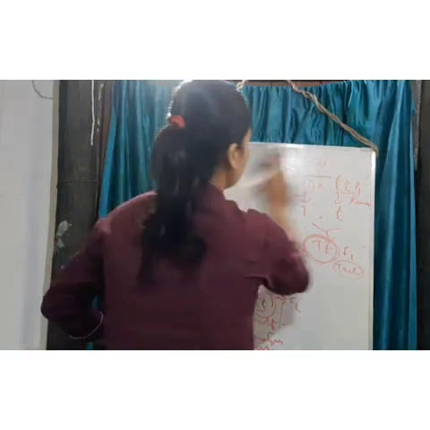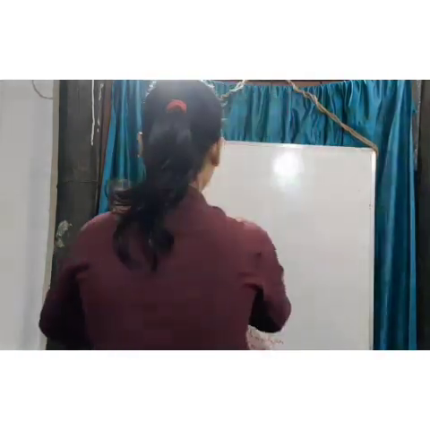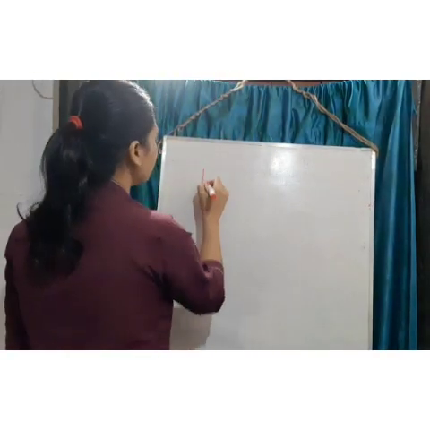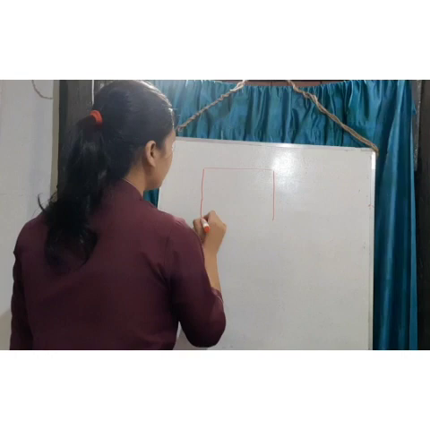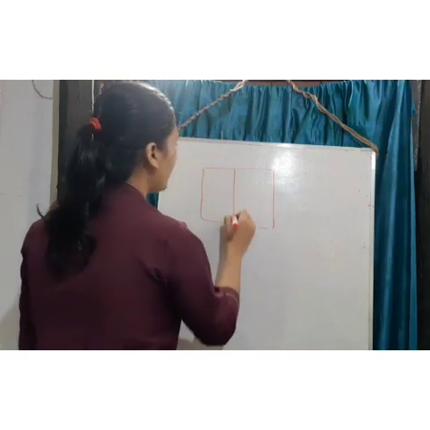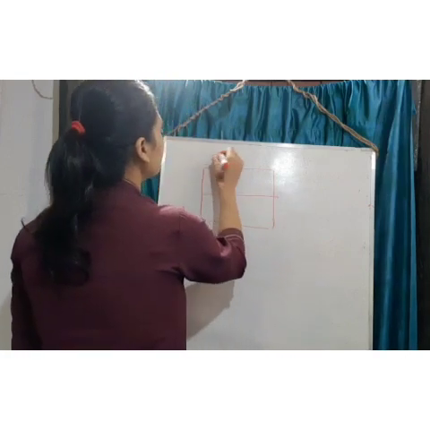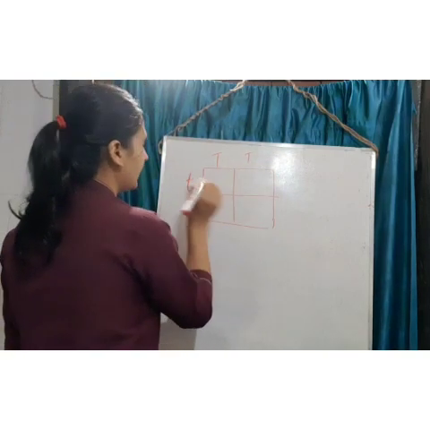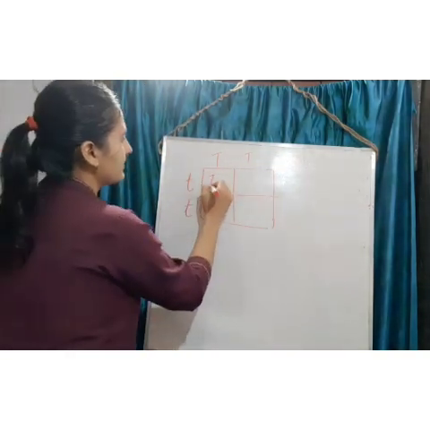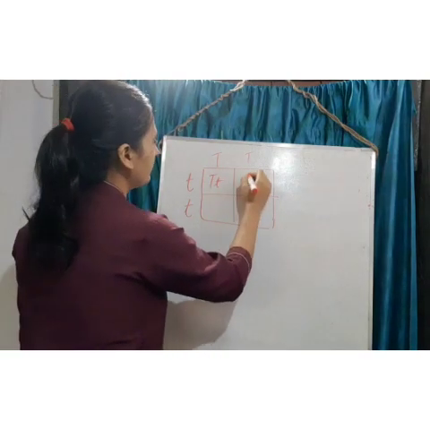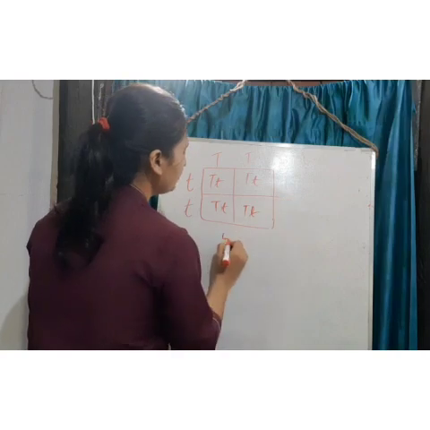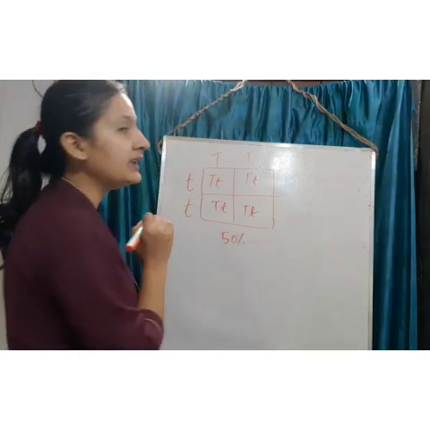So here what Mendel does with this, so this gamete formation was shown by this square. So first is tall and this is dwarf. So from this, what we got to know is 50% from each.